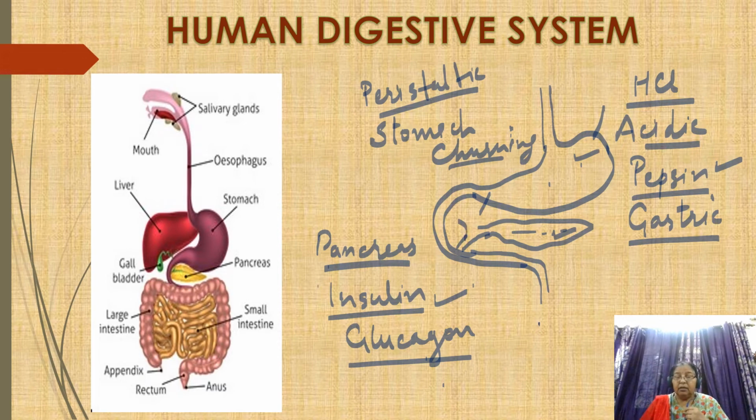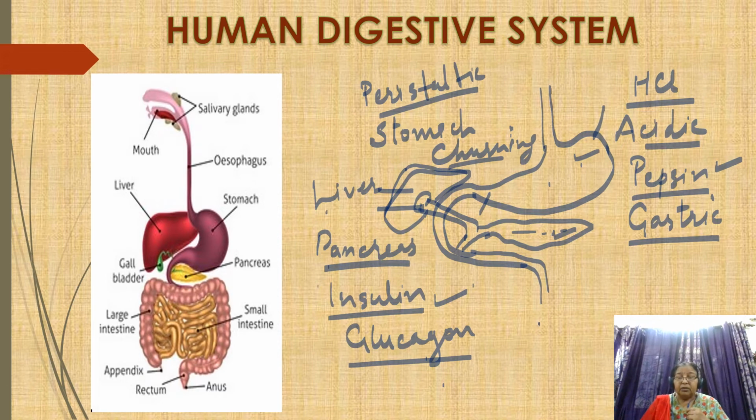Here another duct, means pipe, joins here, which is called the bile duct, which is coming from the liver. Here you can see liver, very large organ. This liver stores its juice in this small greenish organ.